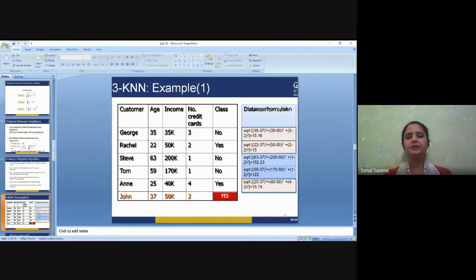Now you can see here the difference, the examples. I need to identify the class. What I have done is use the Euclidean distance.